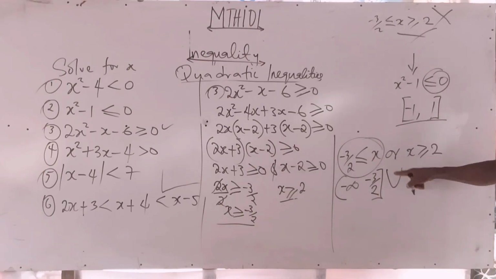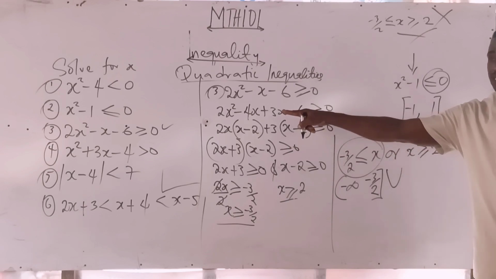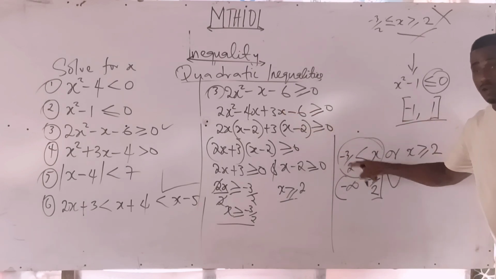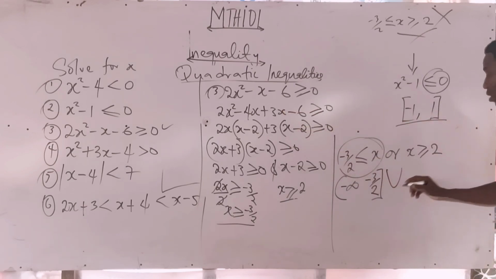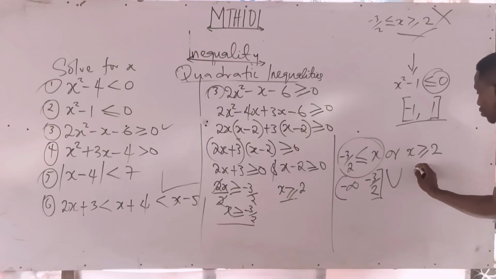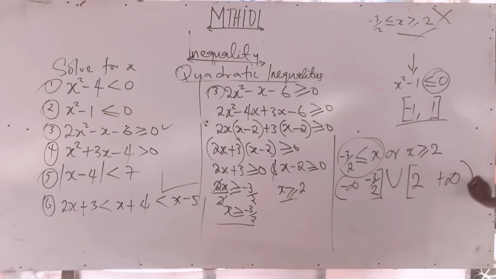Because of this "or", you put union. Are you there? And you continue moving again. x is to positive infinity, starting from 2. x is to negative infinity, but starting from minus 3 over 2. Do you understand now? So you now start from here and say close to positive infinity. I have generated this one again.